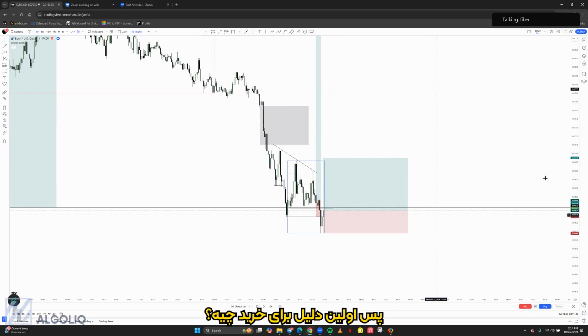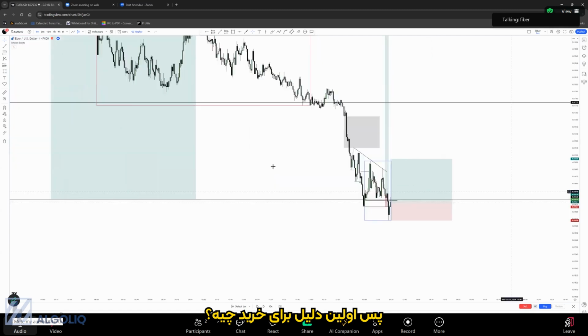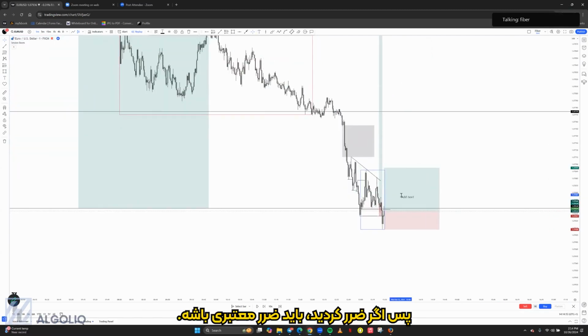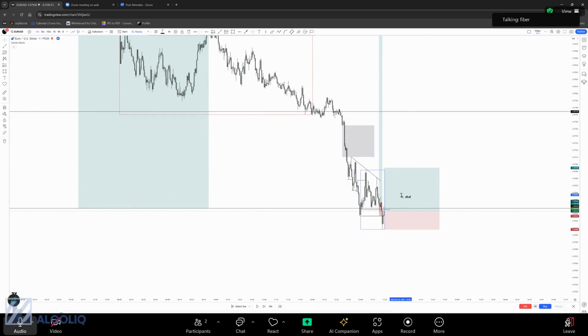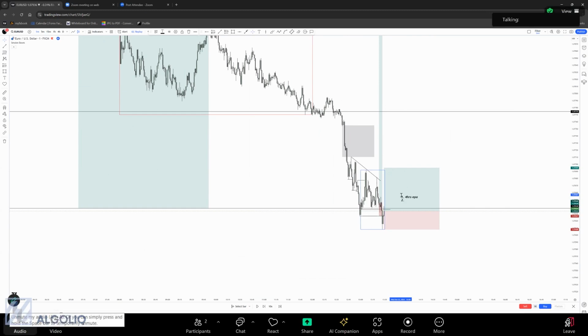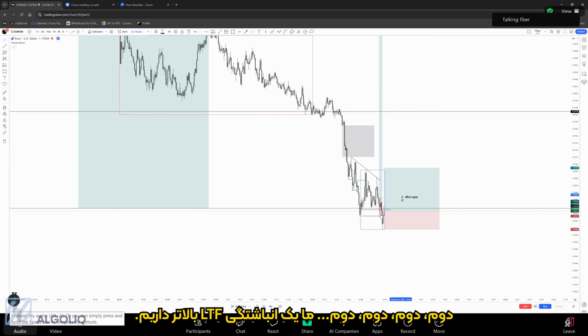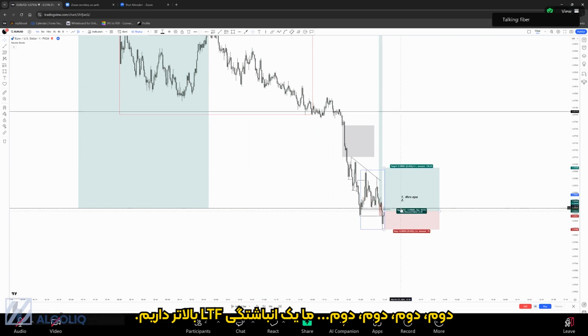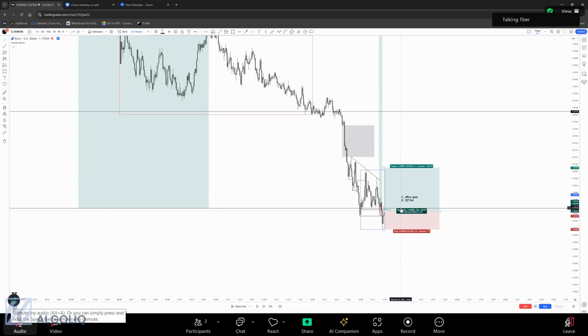Okay. So the first reason for buying is what? Let's list out our reasons so that if we take a loss, it has to be a valid loss. Number one, a 4 hours EPA. Right. Number two, you have an LTF build up above.